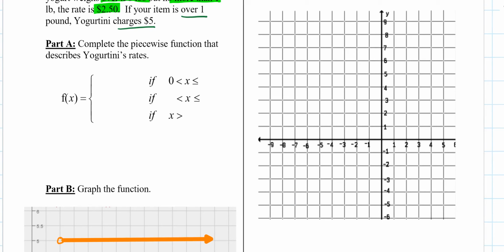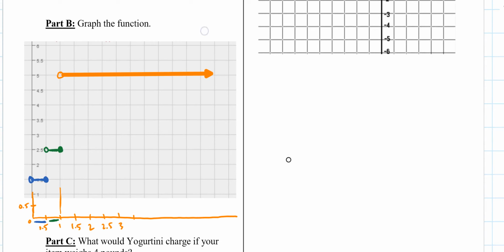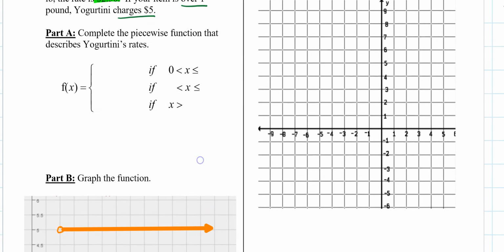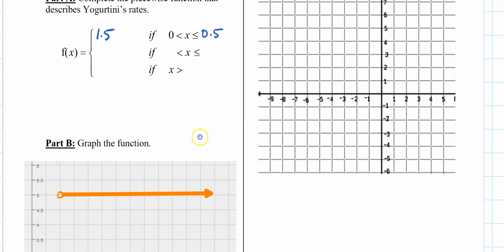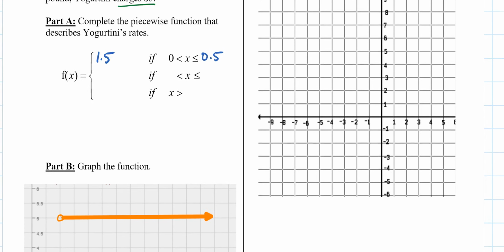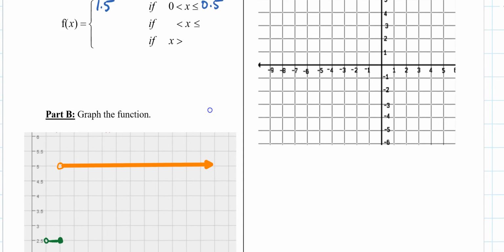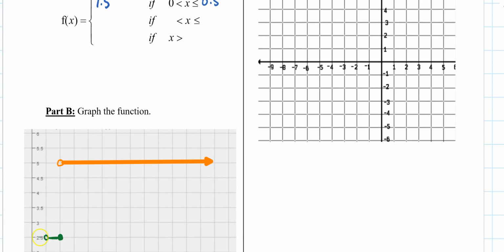So our 3 functions, remember we want to write them in order as we would read them going across. We're going to start with that blue one. That blue one is just a horizontal line, makes our life super easy. And that horizontal line is just 1.5. That's the cost that we're paying no matter what if our weight is between 0 and 0.5 pounds. Then the next one is the green line. And that green line, which you can barely see on the screen, is at 2.5.